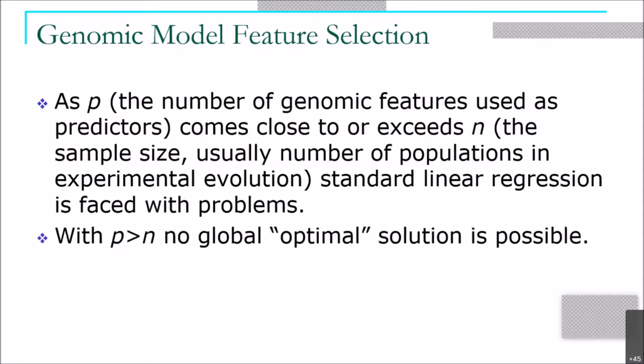And there are two really important numbers to think about when thinking about this problem, especially because they don't have the normal relationship that you find in conventional statistical analysis such as we did in the 20th century. Those two numbers are little p, which in this context means the number of genomic features used as predictors across the entire genome.